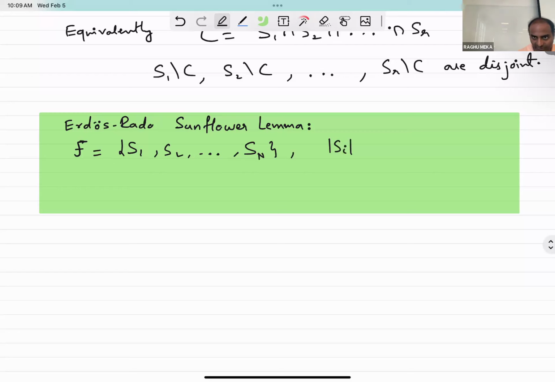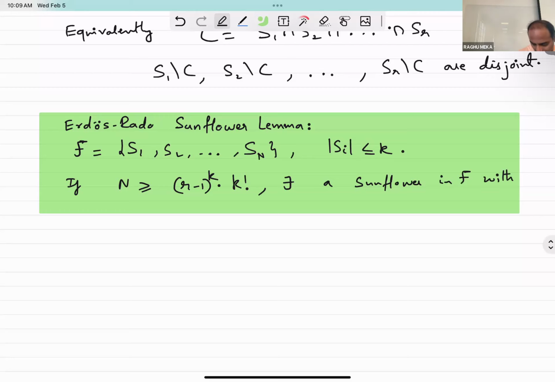But each set is of size at most some k. If the number of sets is bigger than k factorial, there exists a sunflower in F with R sets. Okay, so the two parameters that we're mostly interested in are how big the sets are and how big a sunflower we want. And we want to say that, once your set family becomes big enough in terms of the number of sets, you will get a sunflower of size R.